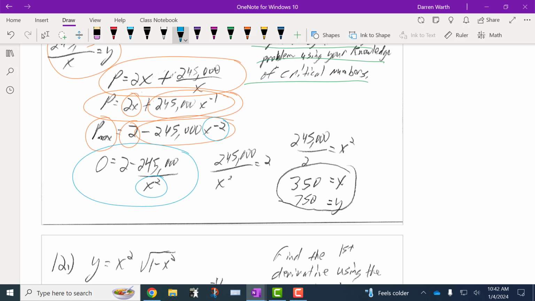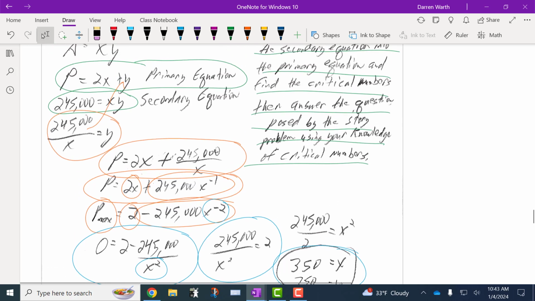So I'm going to move the 245,000 over x squared, add it to both sides. I multiply both sides by x squared, so now I'm going to get 2x squared equals 245,000. And I just solve that equation for x. And when I do that, I get x equals 350. Now that I know that x equals 350, I just substitute that back into the original equation.